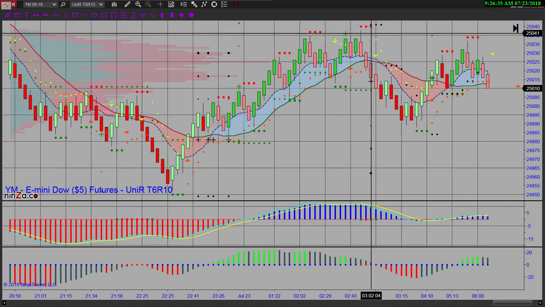And for this one, it was pretty healthy. The risk was 32 ticks. So you're talking $160 or so. But the reward was, if you made it all the way, 25, 38, and 52.